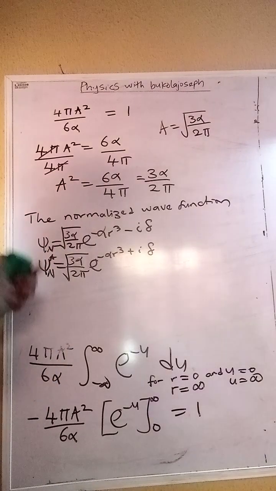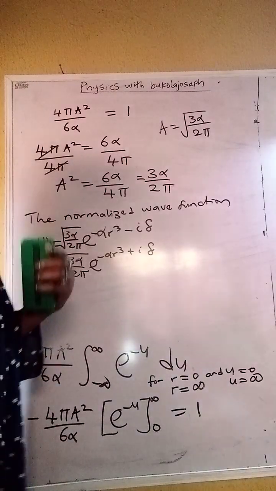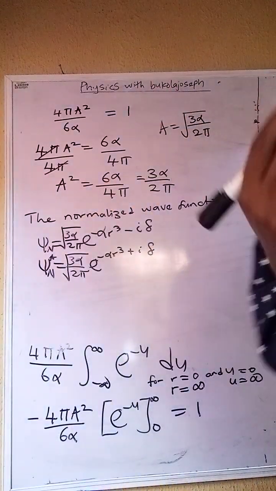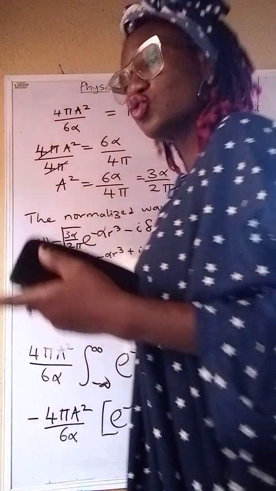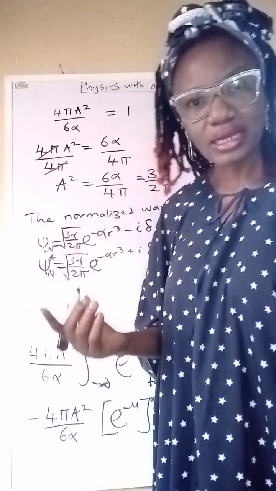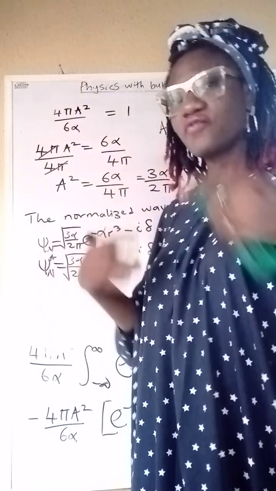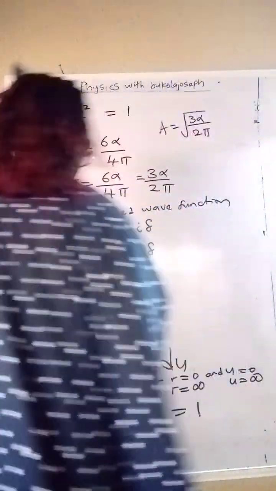Now the question says we should find the probability that the particle is between r equal to 1 and r equal to 3. To find the probability, this is the formula we're going to be using.